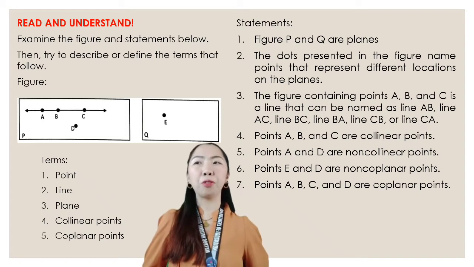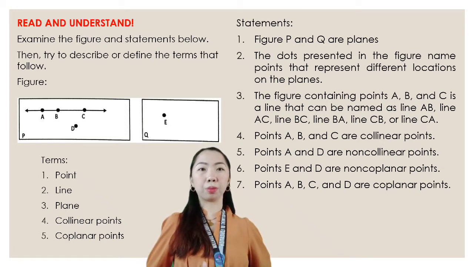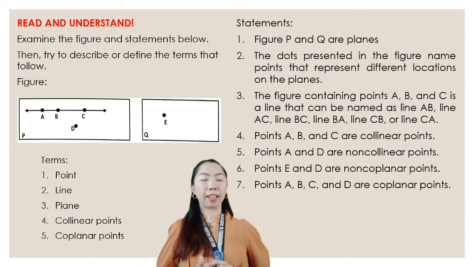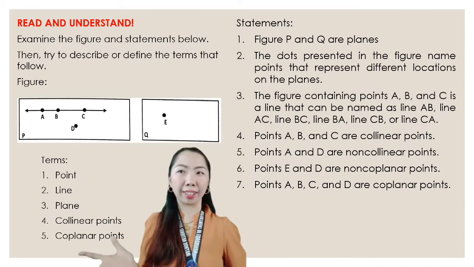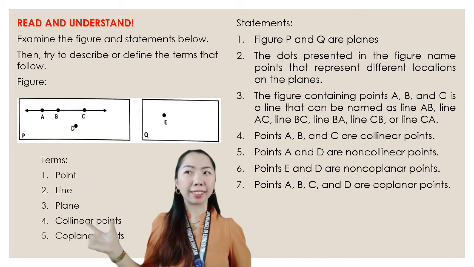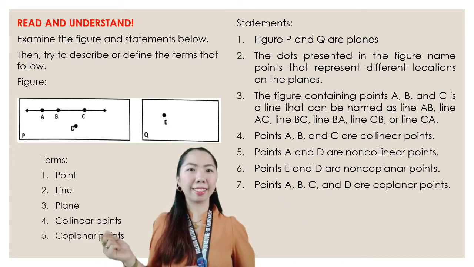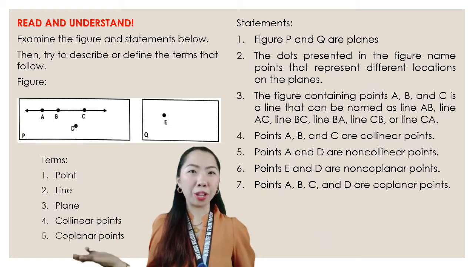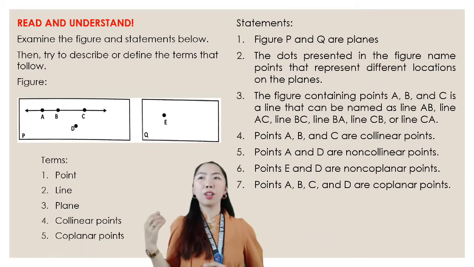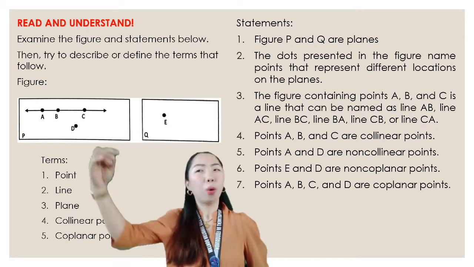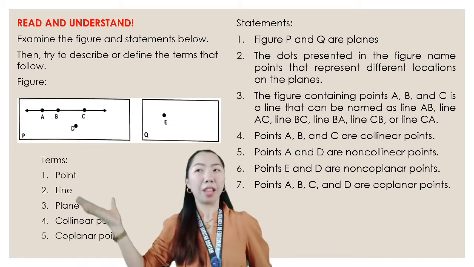What can you see from the figure? Yes, there are 2 rectangles. What else? Lines? What else? Okay, there are also points and letters. So what do they represent?